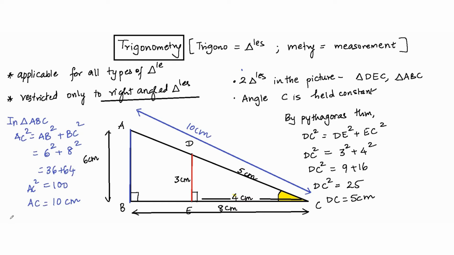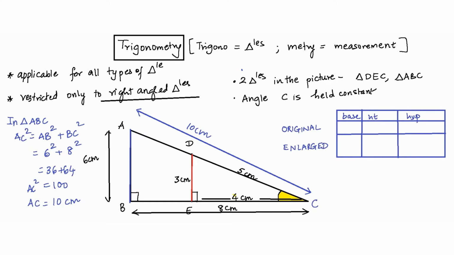So let's make a nice table out of this. If I make this table over here, the original base was 4, the original height was 3, and that's why the hypotenuse was 5, all in centimeters. In case of the enlarged triangle, that is triangle ABC, I have my base is 8 centimeters, my height is 6 centimeters, and the hypotenuse therefore became 10 centimeters.